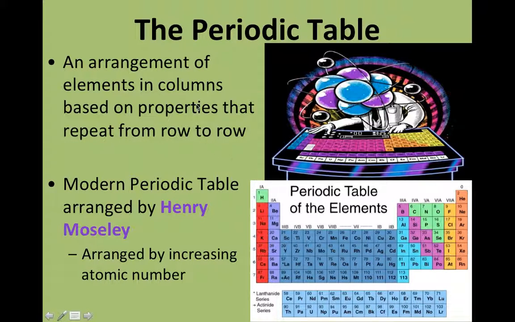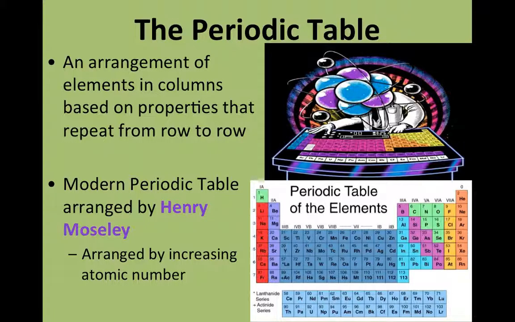Now, I'm going to give a little history with the periodic table. The periodic table was basically designed by Dmitri Mendeleev, and he designed his periodic table by increasing atomic mass. But he did realize that it didn't actually always increase. There were a couple of elements that decreased in mass.